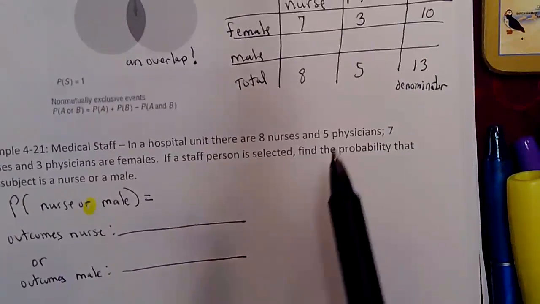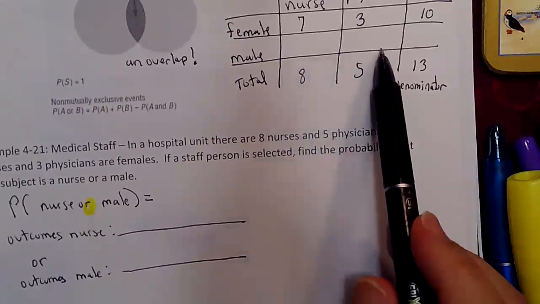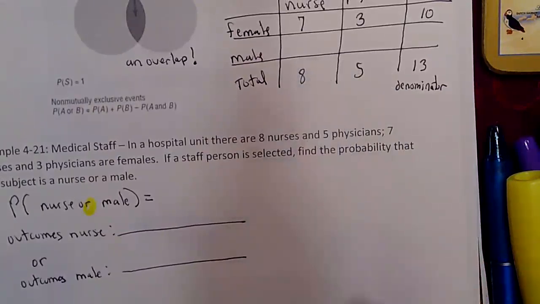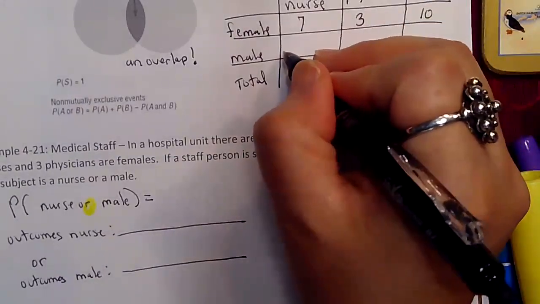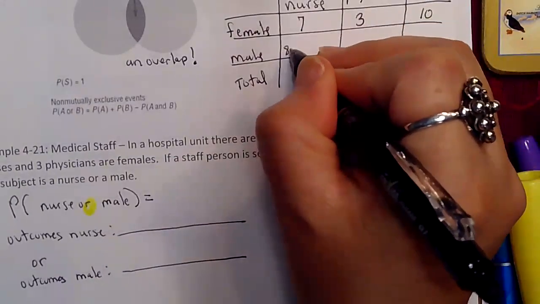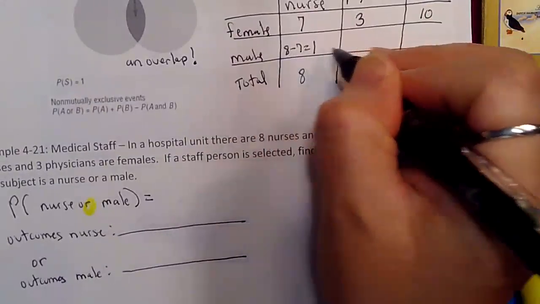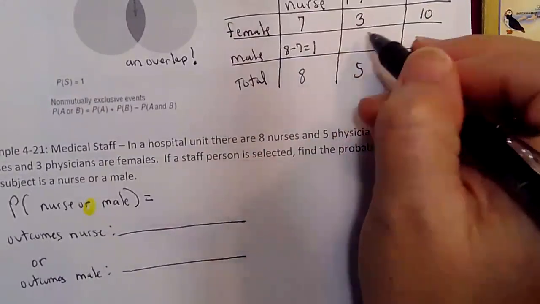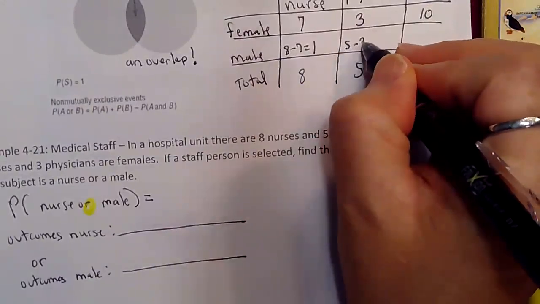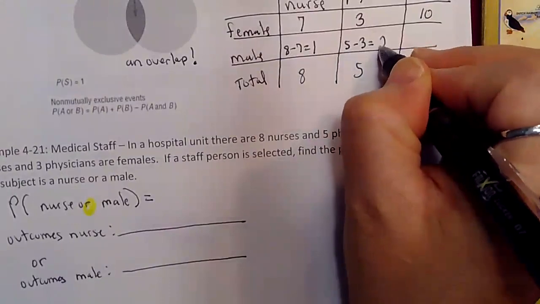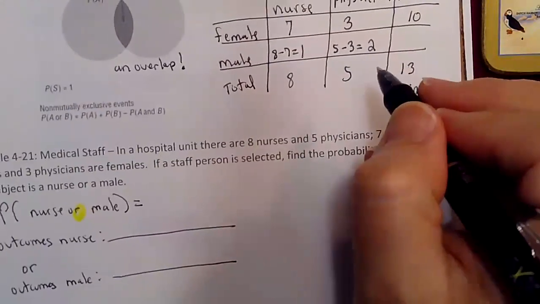And then over here, to fill these blanks in, I'm going to use some subtraction. I know the total's 8, and I know I have 7 females. So 8 minus 7, that would just leave me with 1 male. And over here, I know I have a total of 5 physicians, and 3 of them are female. So 5 minus 3 leaves me with 2 that are male.